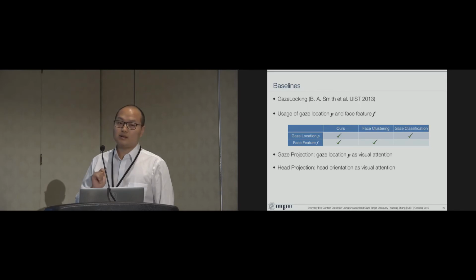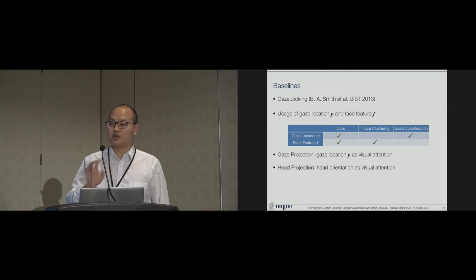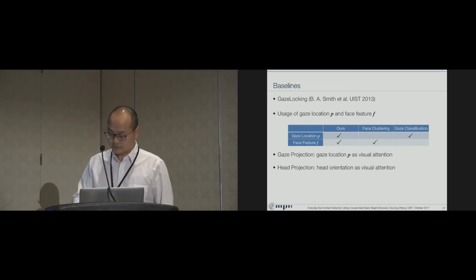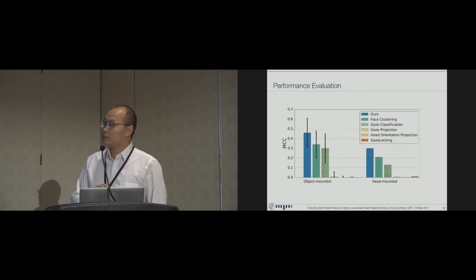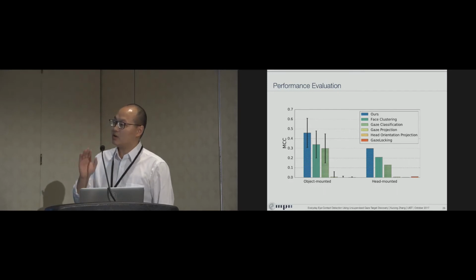The last baseline is called head orientation projection. It uses the head orientation as a visual cue to judge whether the head orientation is pointing to the target object or not. Here is the main result from our paper. We test all the methods on the head-mounted data and also on the object-mounted data.